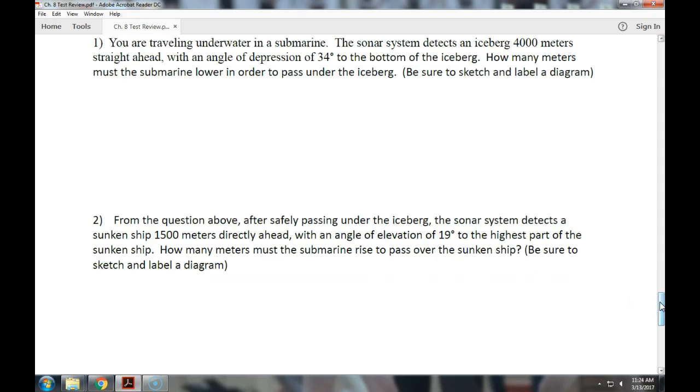Alright, now we're getting into the short answer, free response questions. Expect a couple of these on the test. You're traveling underwater in a submarine, so let's just kind of put our little submarine right here. The sonar system detects an iceberg 4,000 meters straight ahead with an angle of depression of 34 degrees to the bottom of the iceberg.